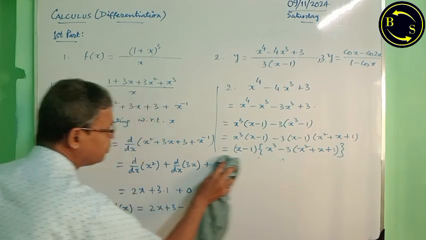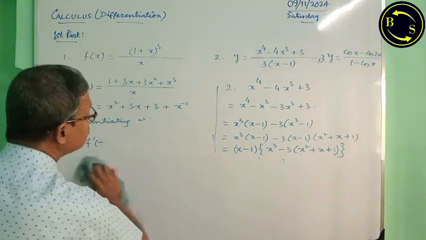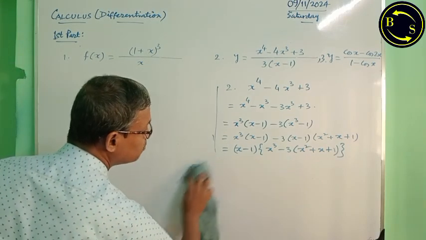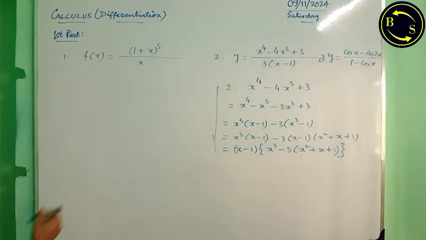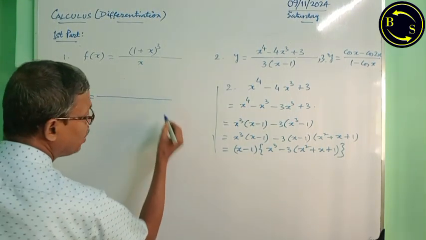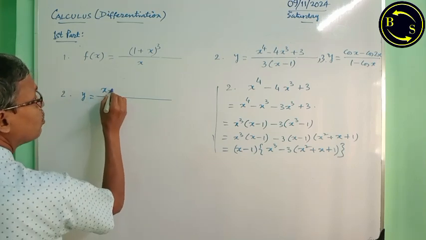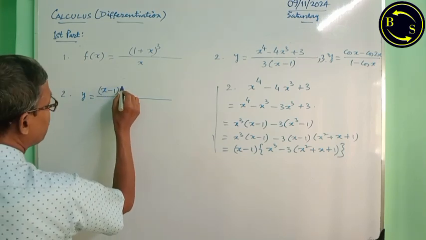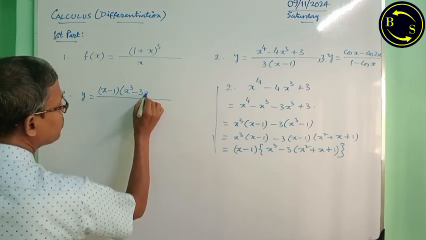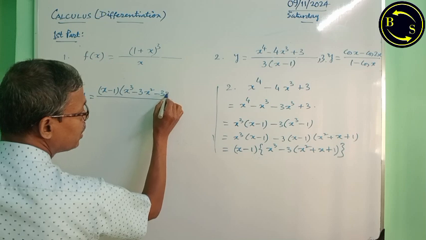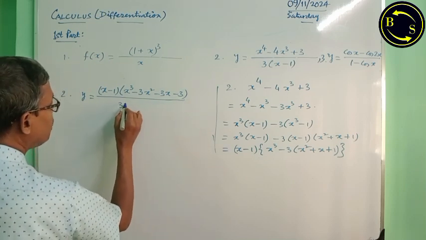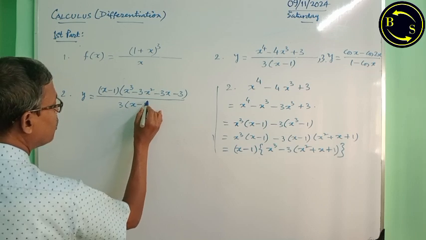Rid of this part. Therefore, y is equal to, numerator is x minus 1 within brackets x cube minus 3x square minus 3x minus 3 divided by 3 into x minus 1.